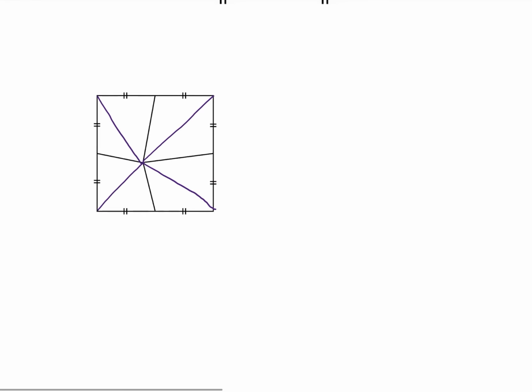So if I have triangles that look something like this, just for example, then to find the area, let's say this length and this length are equivalent, then the area of this triangle is going to be 1/2 times the base times the height.